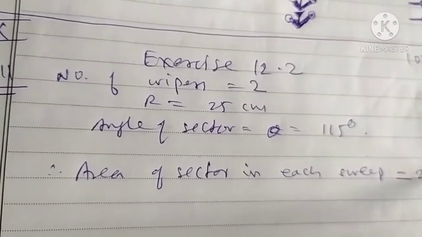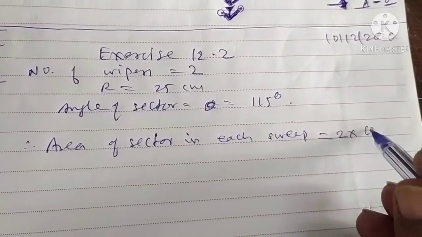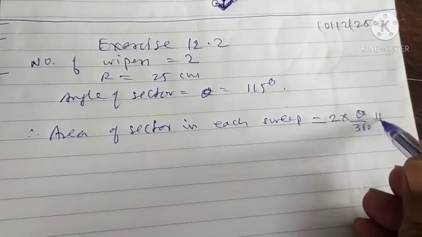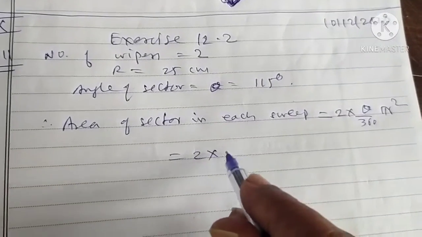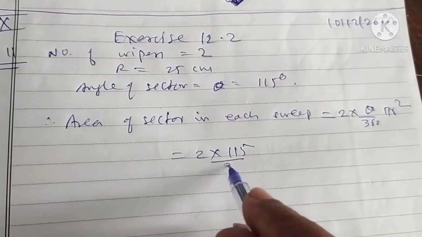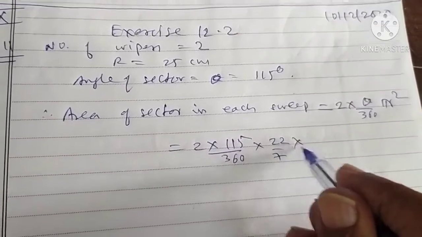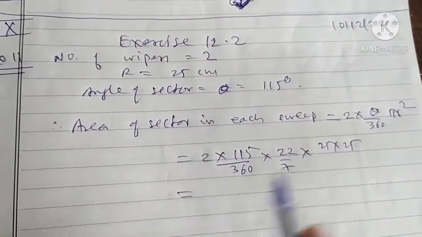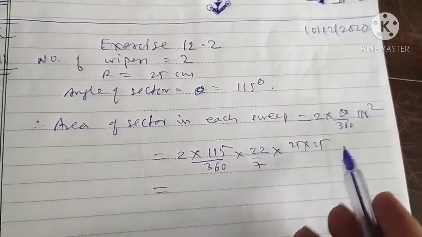So we will take 2 times theta upon 360 pi r square. Clear? Then write down 2 multiplied by theta, 115 upon 360, multiplied by 22 upon 7, multiplied by 25 multiplied by 25. Okay. Now, cancellation, whatever is possible, cancel.